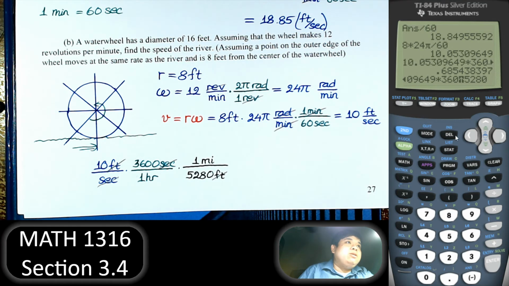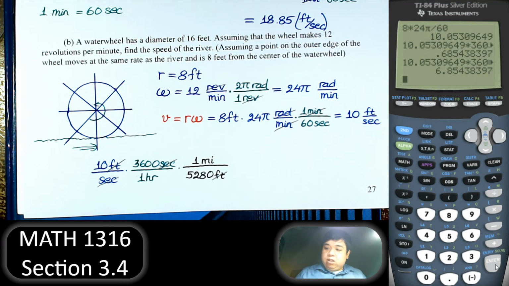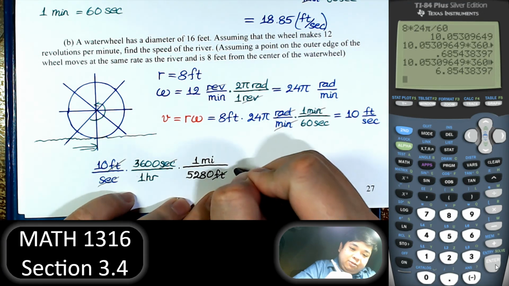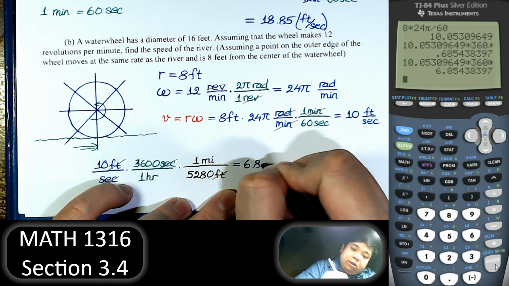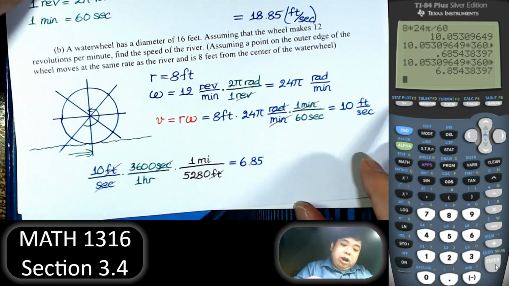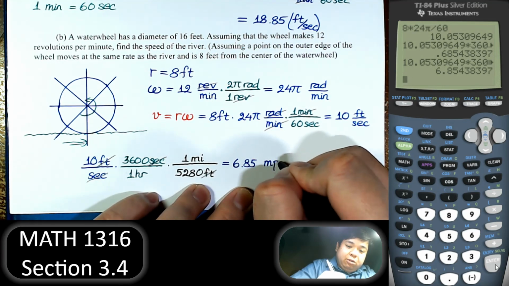I forgot a zero, sorry. So that gives about 6 miles per hour. 6.85. Those are all the numbers, and then we have miles per hour.